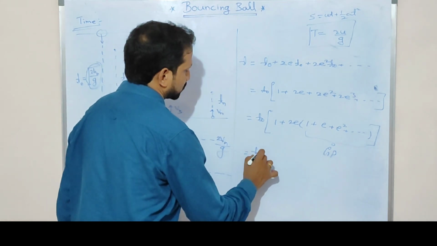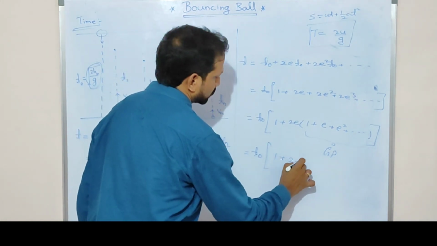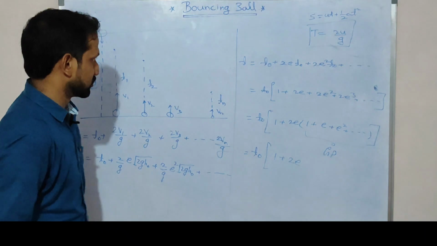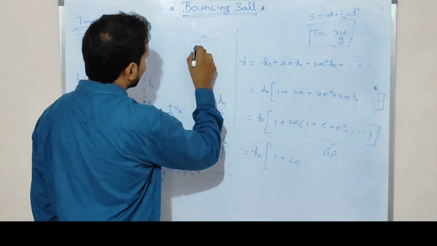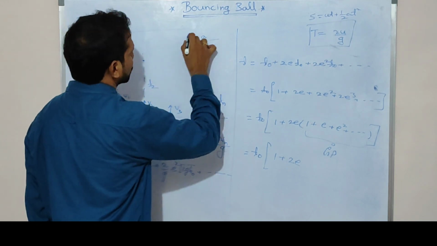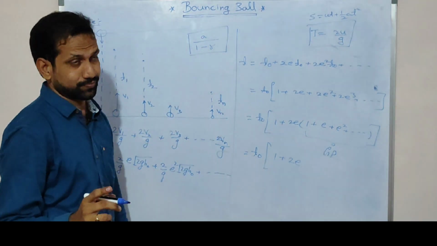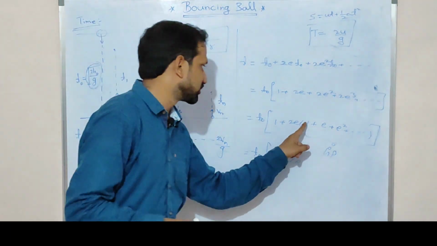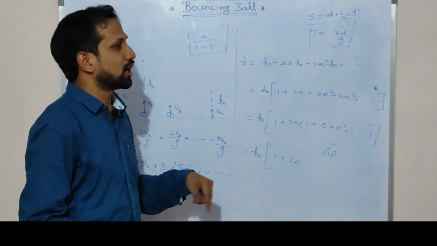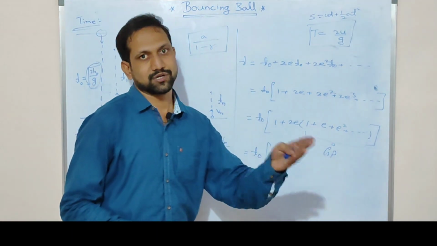So t naught into 1 plus 2e, and the sum of infinite terms in a geometric progression is a by 1 minus r. This formula you have to remember from mathematics, geometric progression. Here a is the starting term, that is 1, and r is the common ratio, that is the nth term divided by the n minus 1th term.